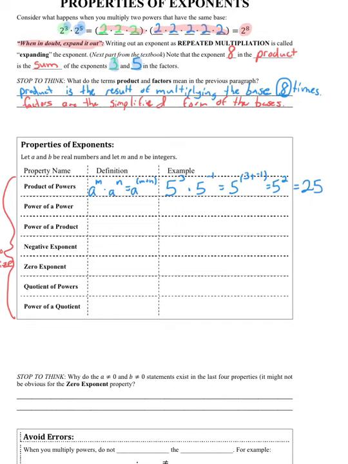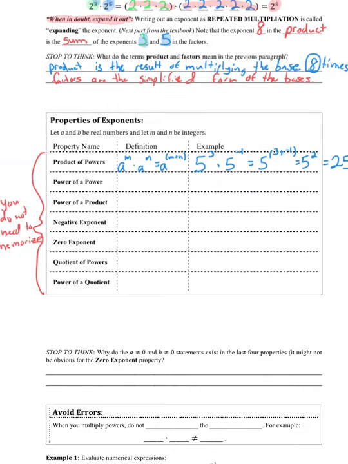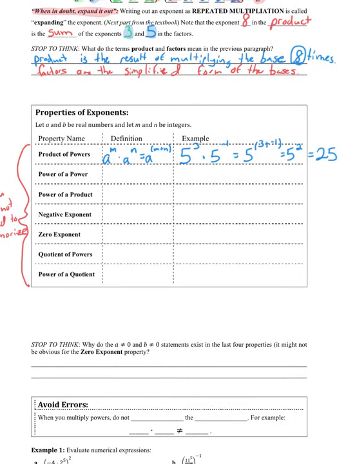And I end up getting 25. That's an example for this first problem here. So we're just using the variables a and b, m and n to represent our values when we're talking about the different properties. And then I'll give you a numerical example so you can understand what it looks like.